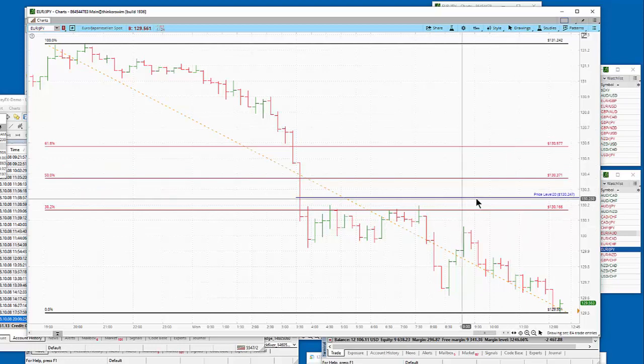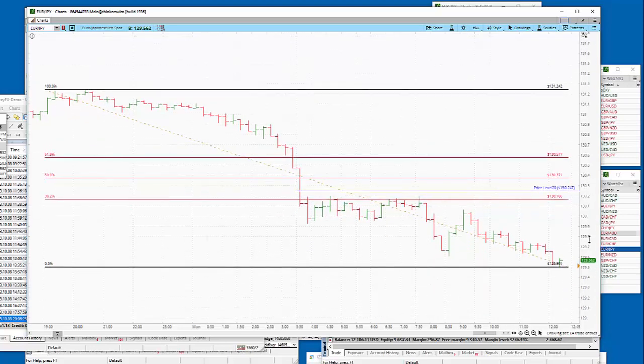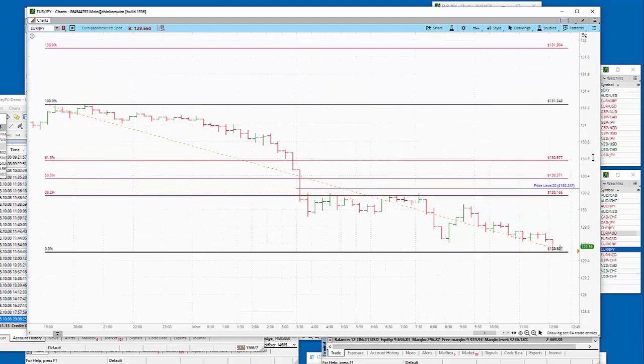And here is the trade that we have on, right? So it's kind of between the first retracement level that we would expect and the second. So the option is, what will happen if the price continues to go down?